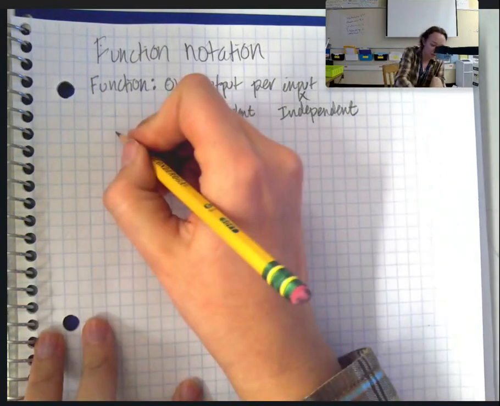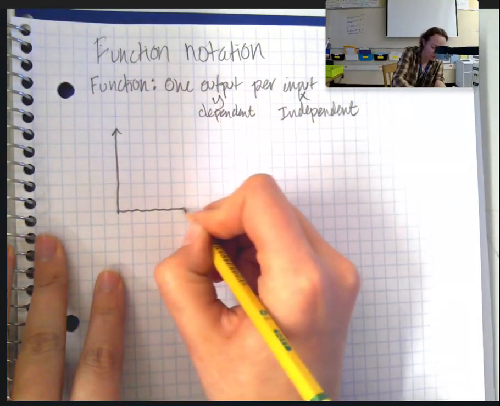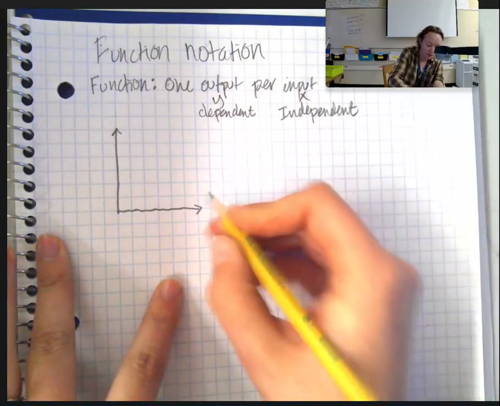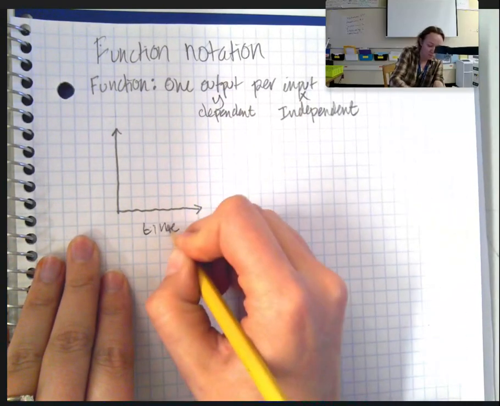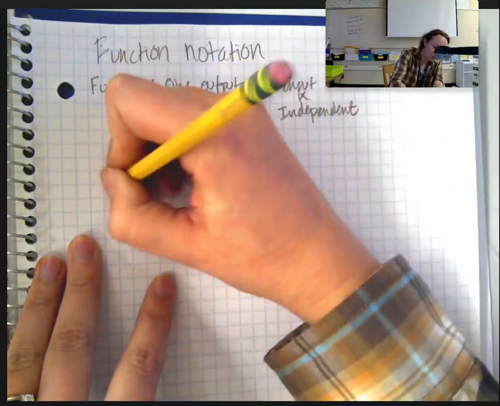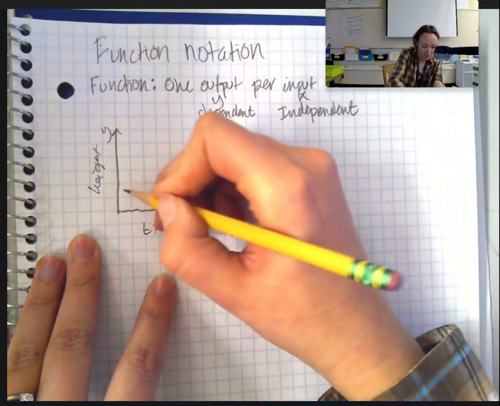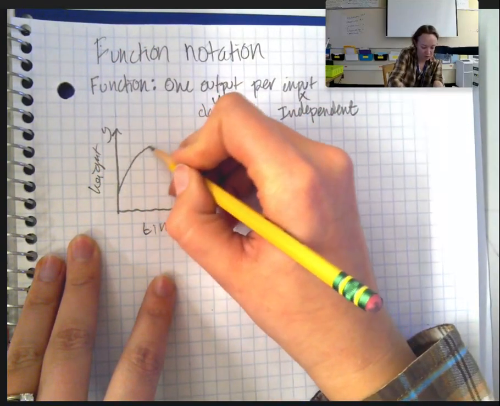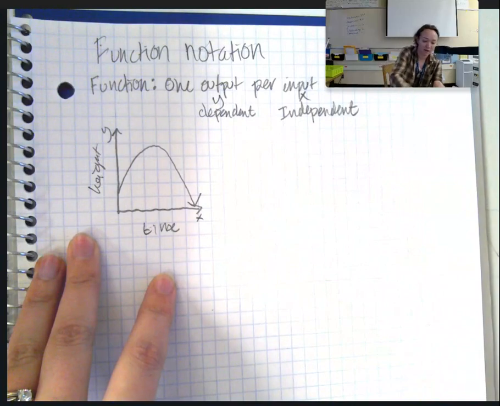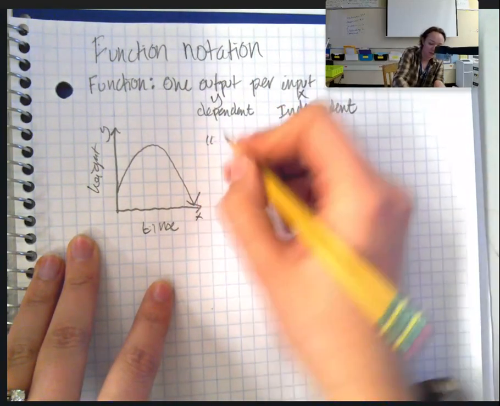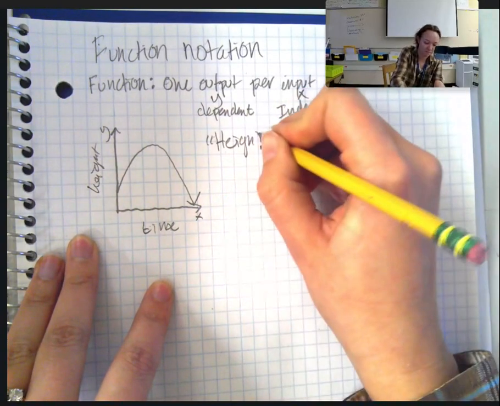So let's say, for example, we have just a tiny little baby graph, and we're going to have time on the x-axis, and we're going to have height on the y-axis, and perhaps someone tossed a ball and it went like that. We could say that height is a function of time.